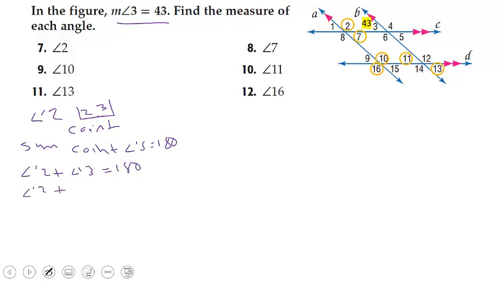Angle 2 plus 43 equals 180. Minus 43, minus 43. So angle 2 is equal to 180 minus 40 is 140, minus 3 is 137. Angle 2 is 137 degrees. Okay.